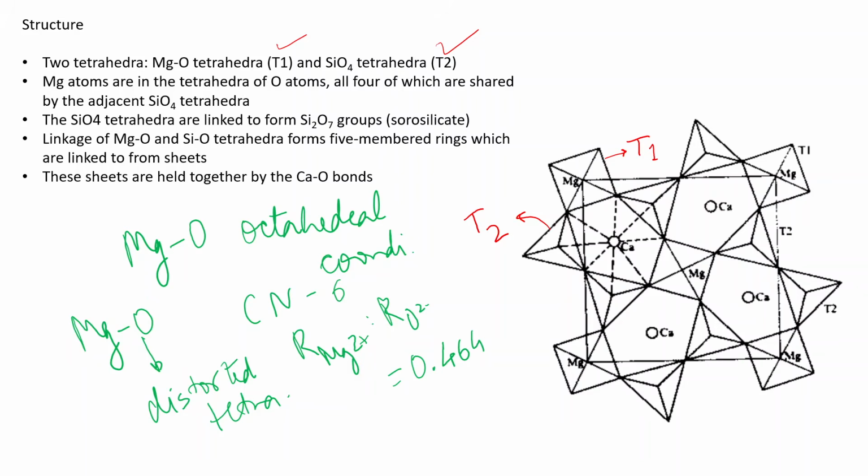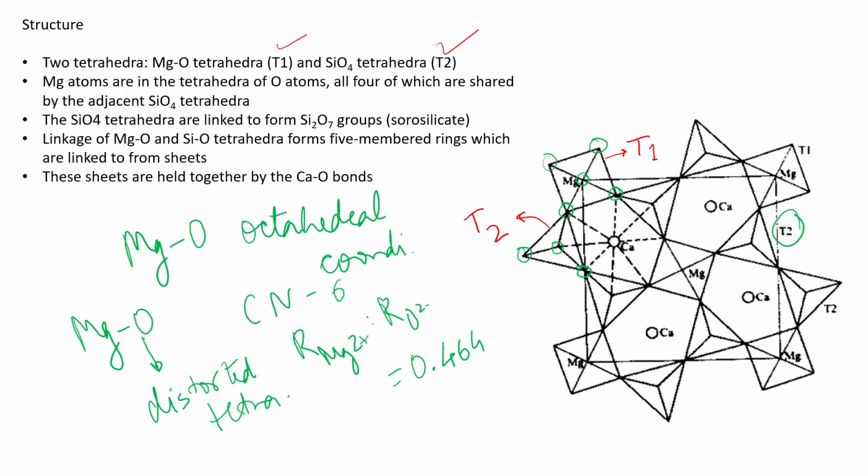Okay. So in the case of melilites, we get two tetrahedra: the MgO tetrahedra, that is T1, and the SiO4 tetrahedra, which is T2. Here, the Mg atom is located in the center of the tetrahedra of O atoms, and all four oxygens of the MgO tetrahedra are shared by the adjacent SiO4 tetrahedra.